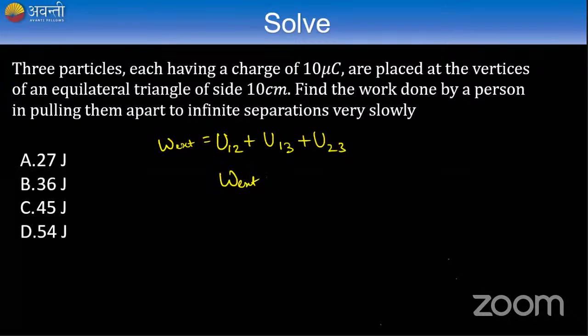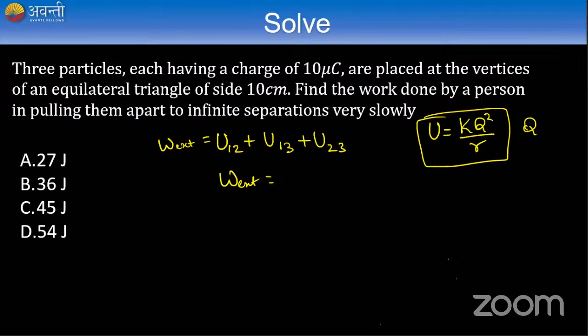So, guys, that's all. Let's quickly end this. What is U12, guys? What will be my U12? Since my charges are same, can I write it? So, what is my general expression for U? U is K Q square by R. If this is my general expression for U, and if my Q value is same for all, and R value is also same for all, then can I write U12 plus U13 plus U23 as 3 times of U?